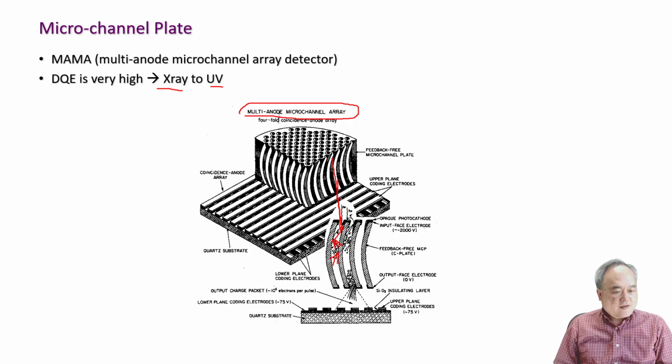So when a single high-energy photon comes into the small microchannel, at the exit you see a great number of photoelectrons. Depending on the design and the need, sometimes one electron produces a million daughter electrons.